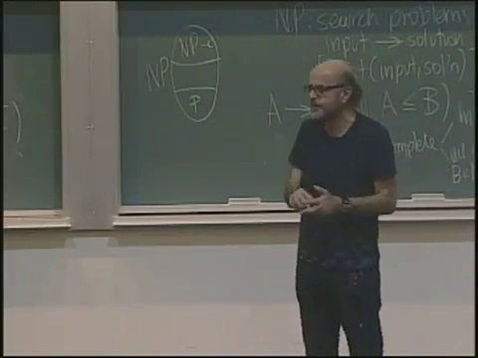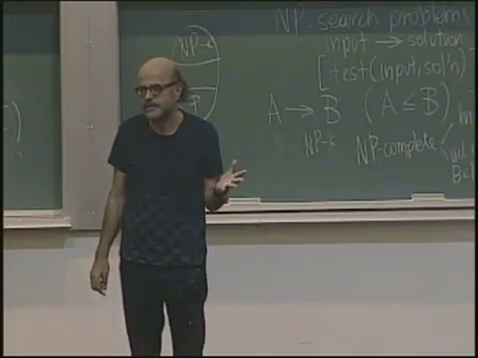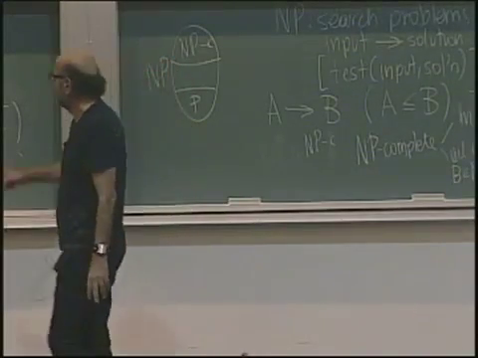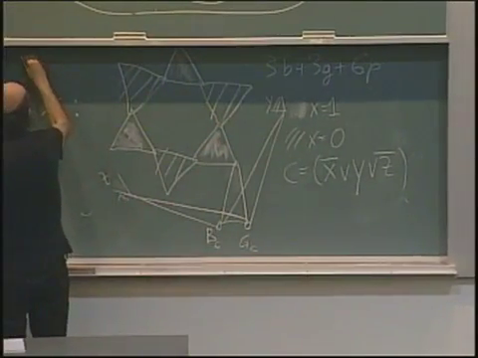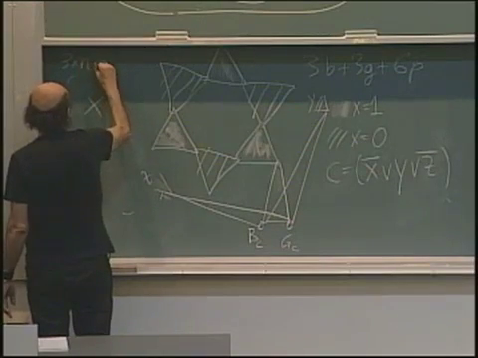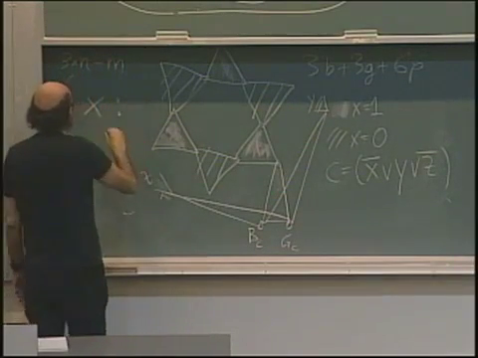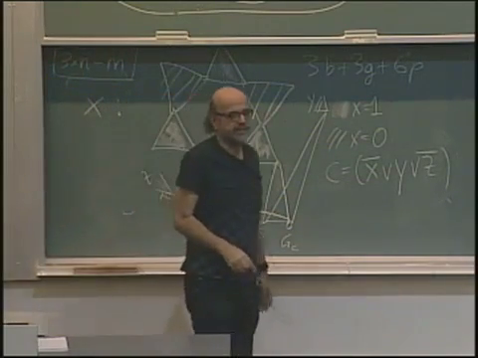The point is that we know how many of them there are going to be. Imagine that all clauses have 3 true literals. It is 3 times the number of variables minus the number of clauses.